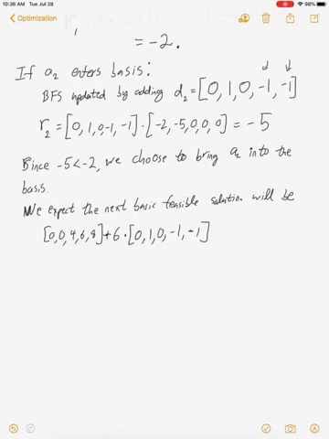This makes the fourth variable equal to 0. So we say that A4 leaves the basis. And we said that A2 was entering.